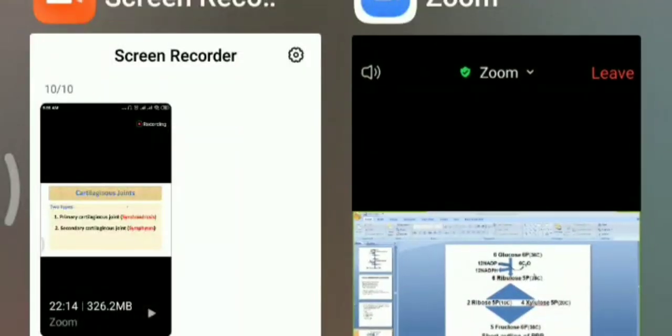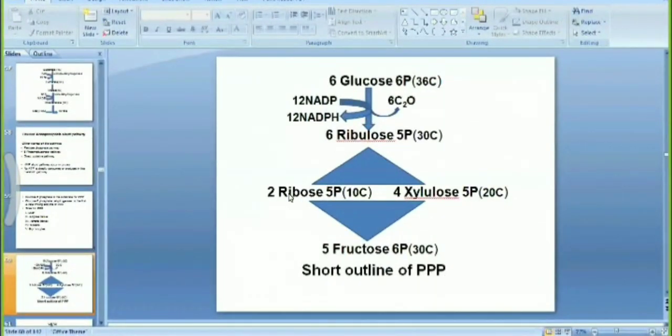Carbon is utilized in formation of 2 molecules of ribose 5-phosphate and 4 molecules of xylulose 5-phosphate. This ribose 5-phosphate is used for formation.